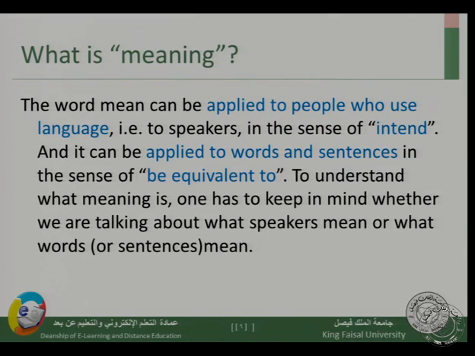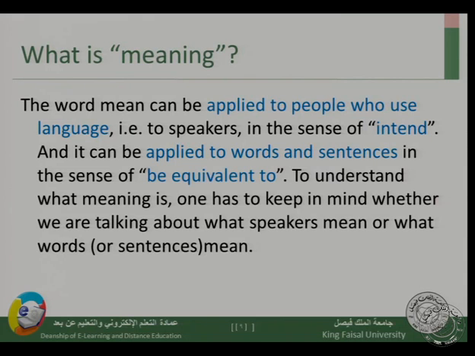So if I'm talking to someone and I ask him, what do you mean? This word here, mean, is used to refer to intention. What do you intend to say to me? What are you trying to say to me? So this is the first use of the word mean. It is applied to people who use the language in the sense of intent.